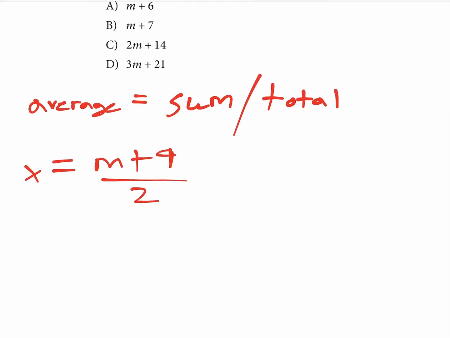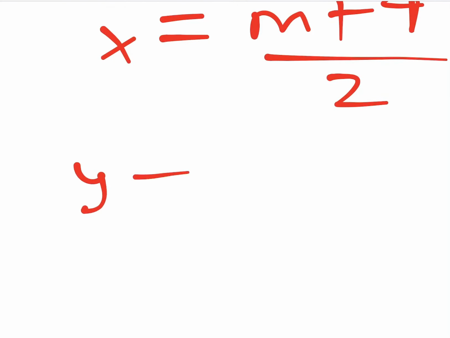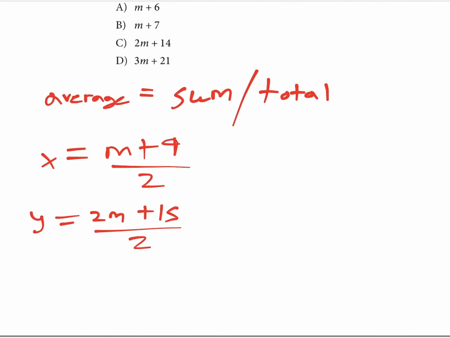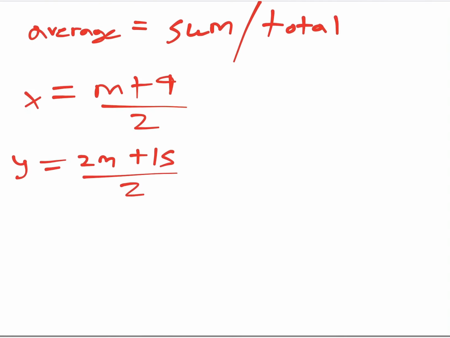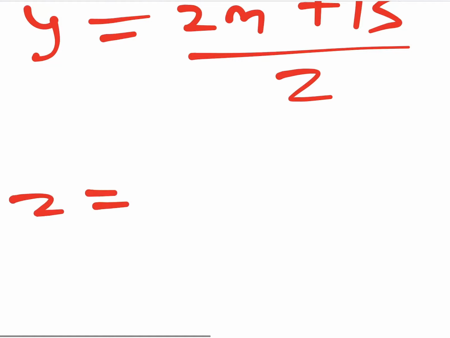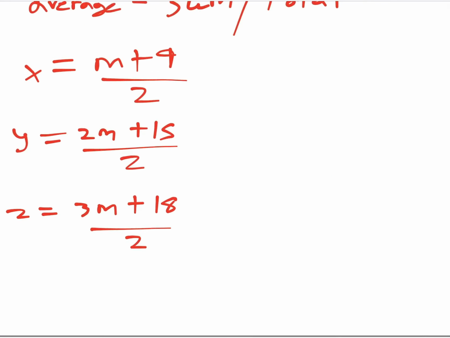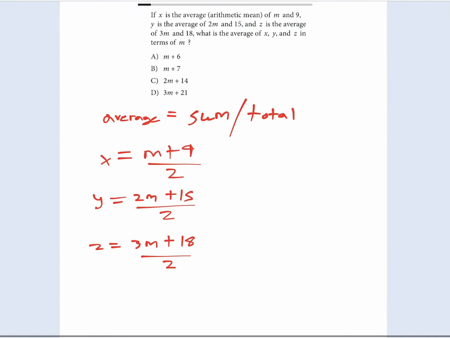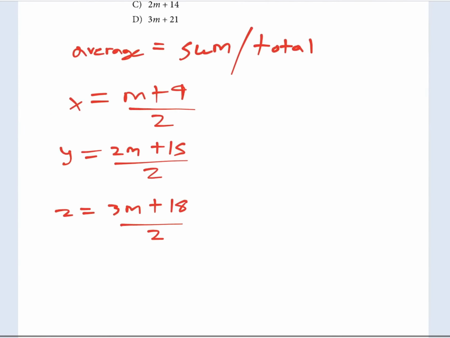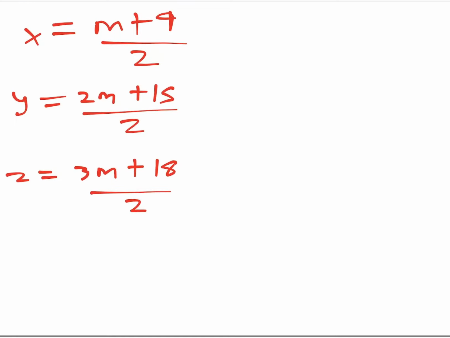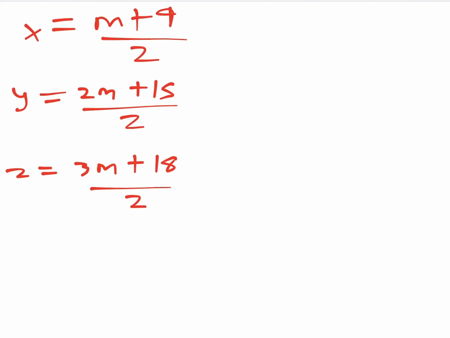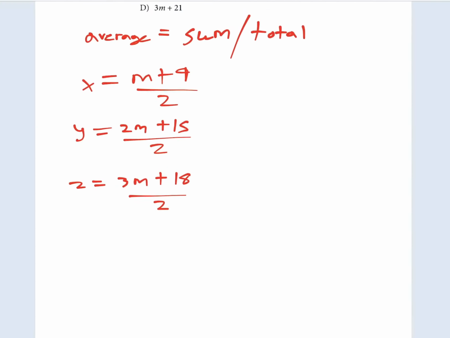We know that y is the average of 2m and 15, so y is equal to 2m plus 15 over 2. And we know that z is the average of 3m and 18, so z is equal to 3m plus 18 over 2. And so now it's asking us what is the average of all three of these in terms of m. So now we want to figure out the average of all three of these, which means that we need to add all of them up in terms of m.